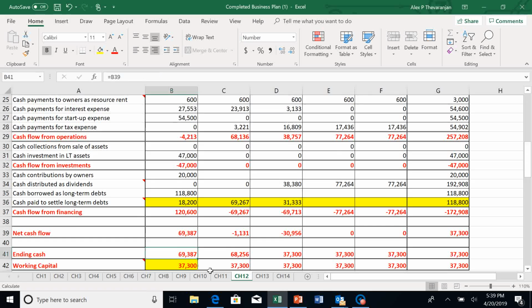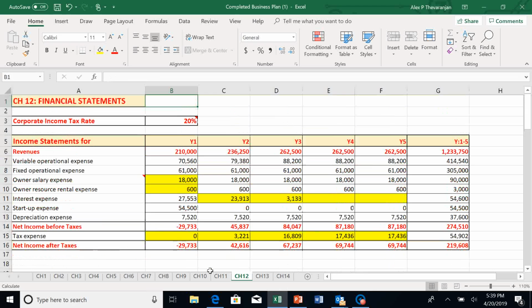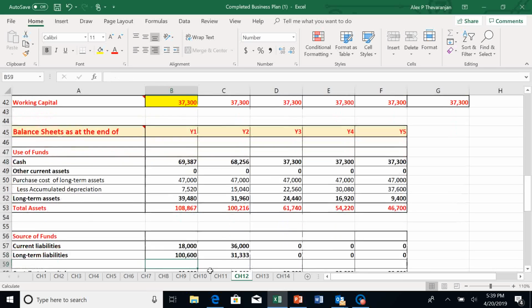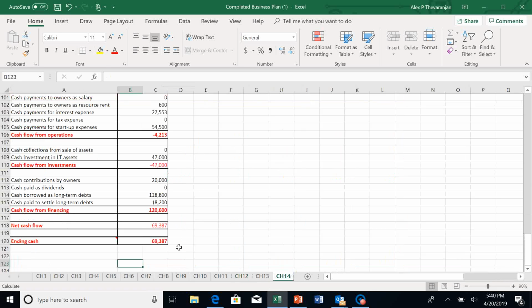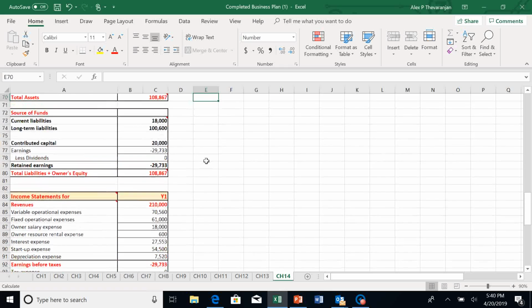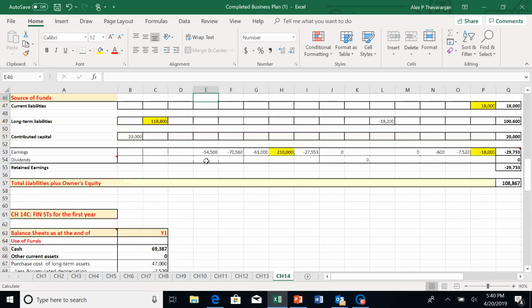And if you look at your balance sheet, we have your first year end balance is 108,867, and that's what we are getting here when we listed everything. You see, we have 108,867.